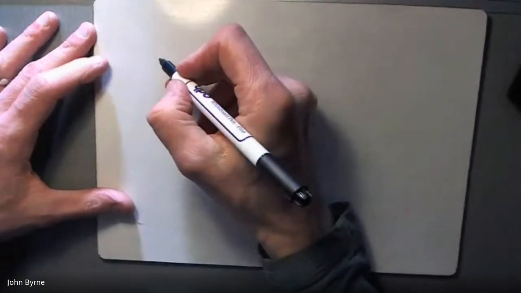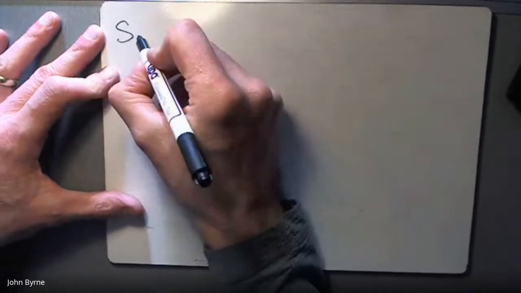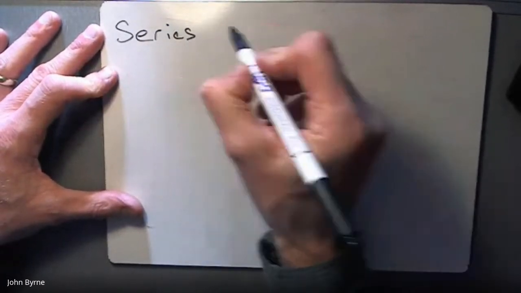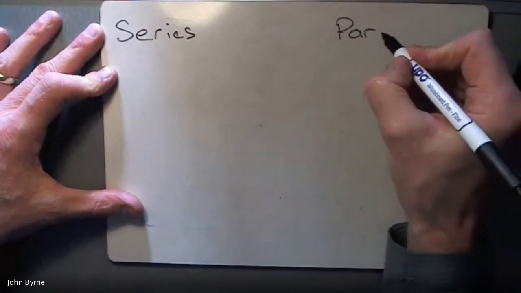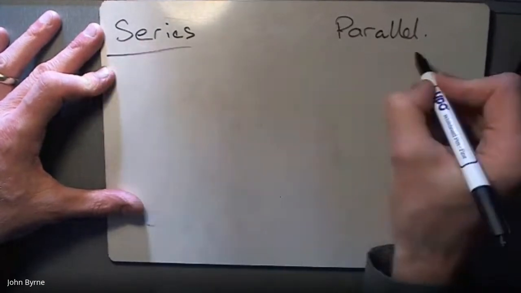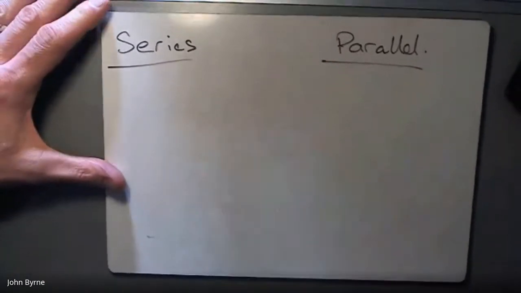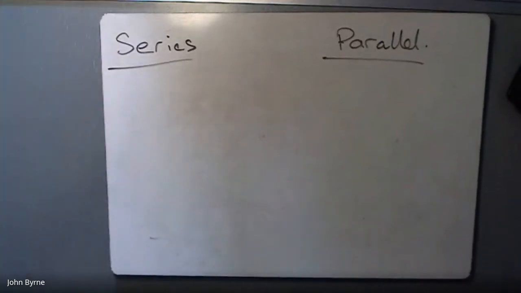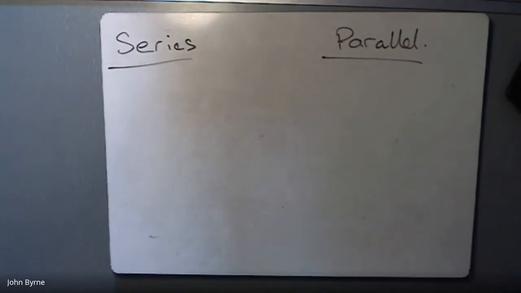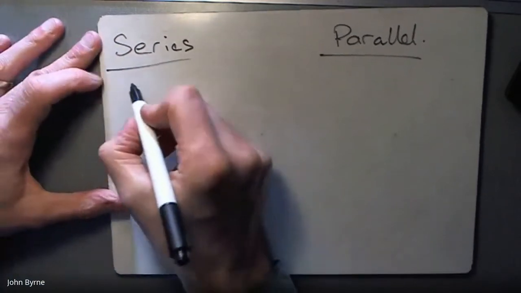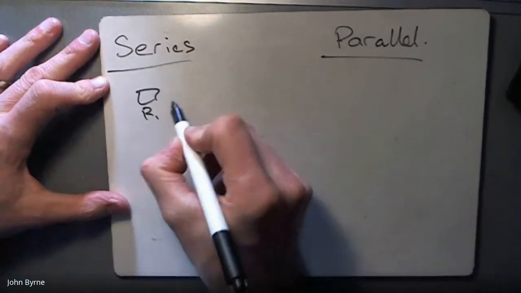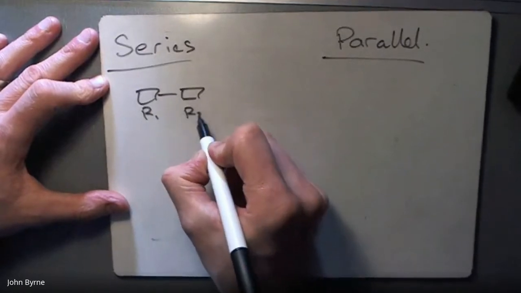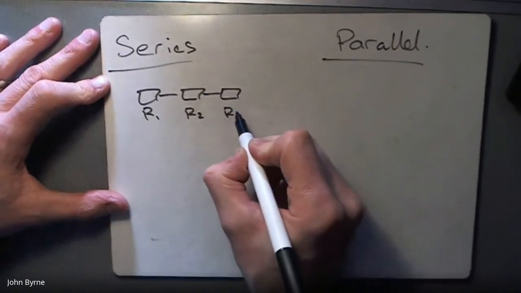Not far to go. Okay, let's have a quick look at series and parallel resistors. Again, something we do probably in year 9, maybe year 8, depending on your school. So series resistors, R1, maybe R2, R3.